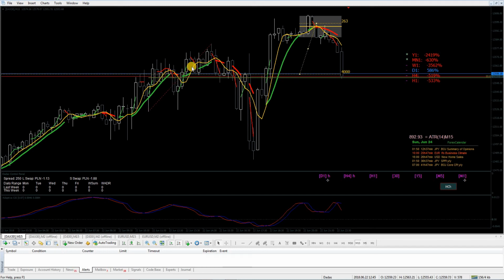Anyway, so we can do it like this by using a simple Fibonacci tool with only the midline, right? Or we can just judge with our eye, more or less, and find the level which the price respected both as support and resistance, right?